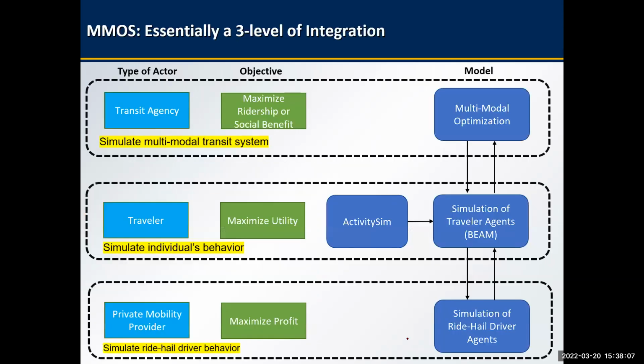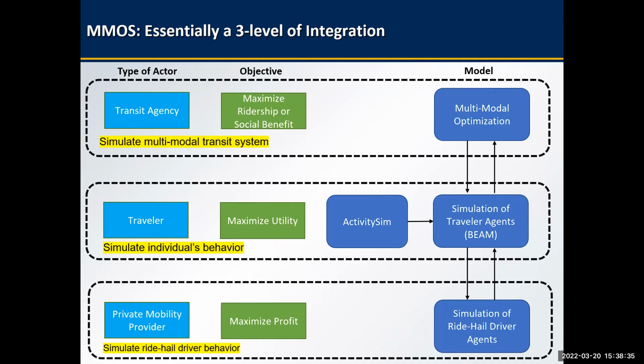So essentially, those research questions can translate into three main modeling questions. First, as you see in the top, is we simulate the multimodal transit system. That is, we configure and optimize the routes and frequencies of transit services in a way that they are able to maximize ridership or social benefit or any other social benefit the city can identify.